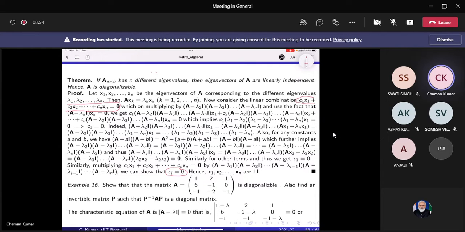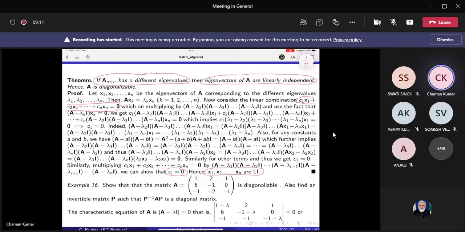So this means that x1, x2, ..., xn are linearly independent. This is a very useful result. If you have n distinct eigenvalues, then the eigenvectors of A will be linearly independent.